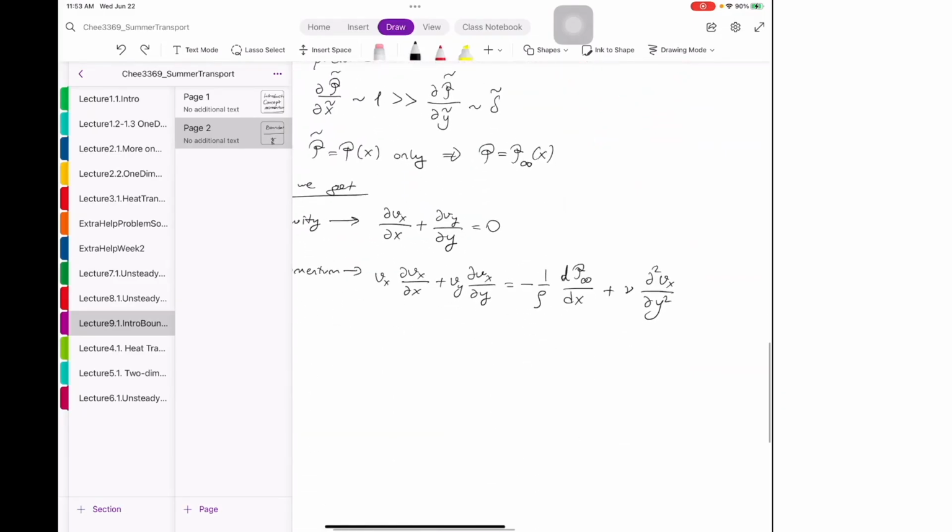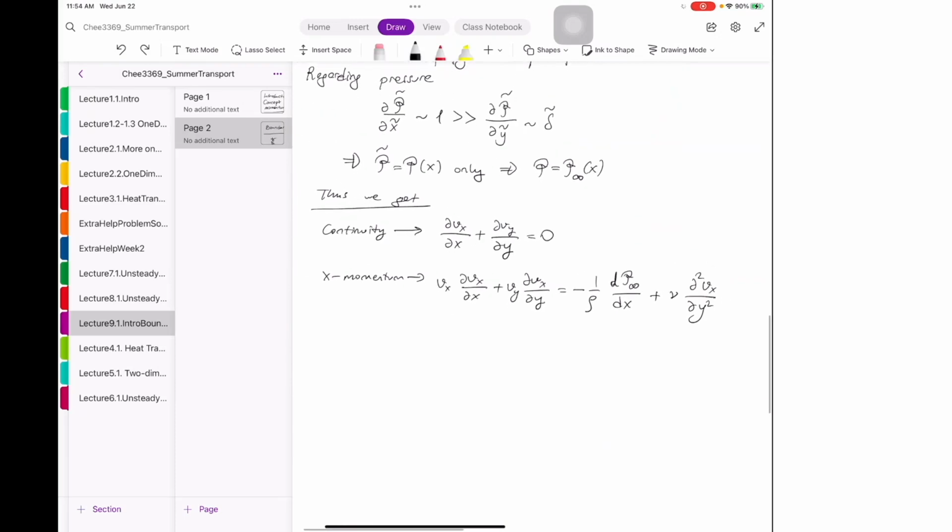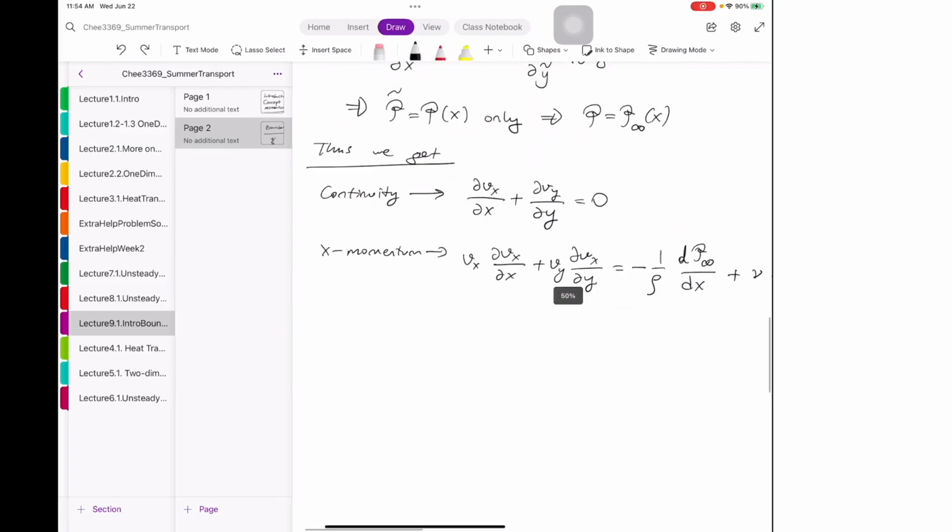Okay, and I already used the y momentum equation to come up with the pressure dependency, so I don't need to use it again. So our main two equations are those, and we can also get an estimate for P infinity from Bernoulli's equation.